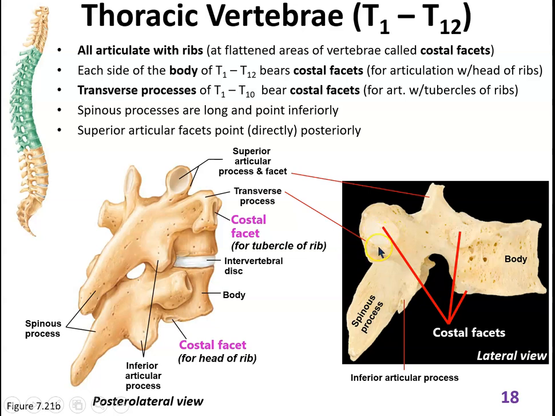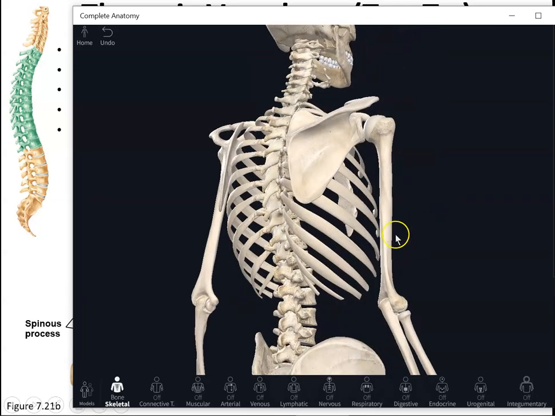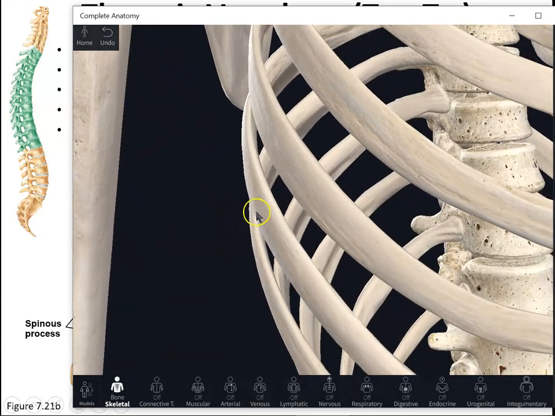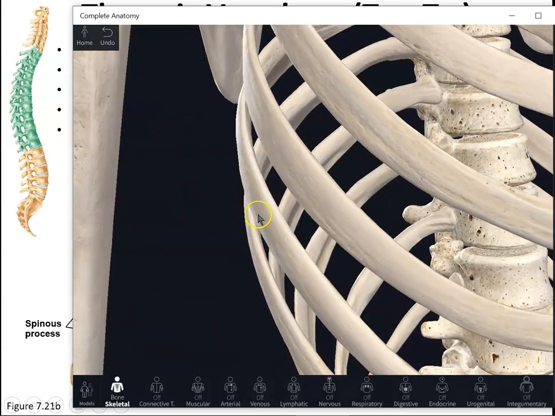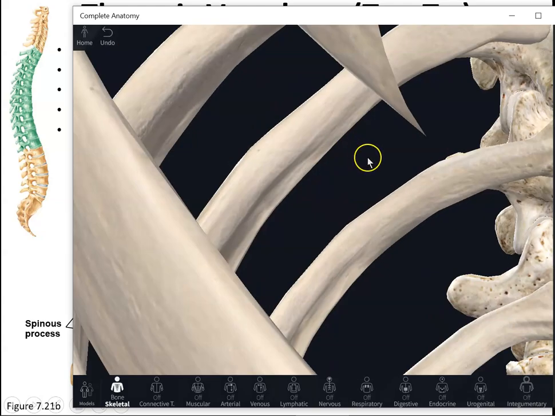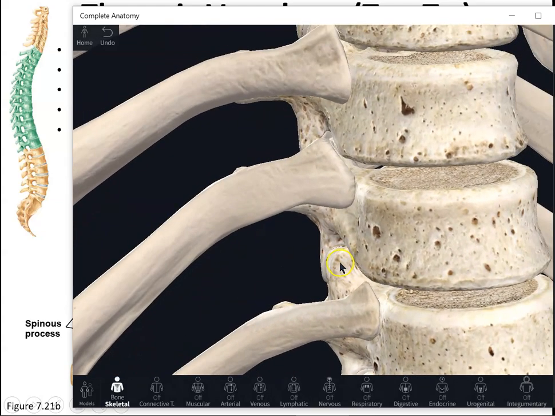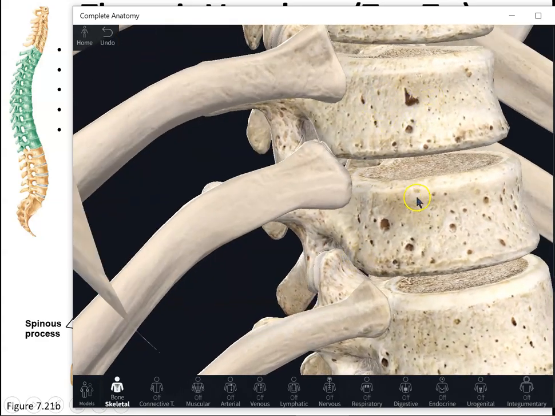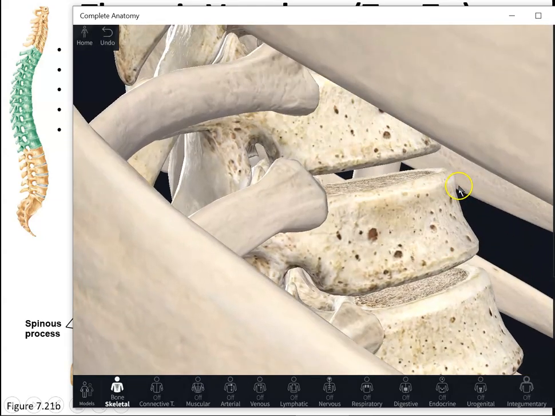And the way this ends up looking, it's hard to see, but you really need a skeleton or this model skeleton to see it. So this is the body of a thoracic vertebra. This is the body of another thoracic vertebra. And the rib attaches between them. So it's attaching to the inferior costal facet of this one and the superior costal facet of this one.